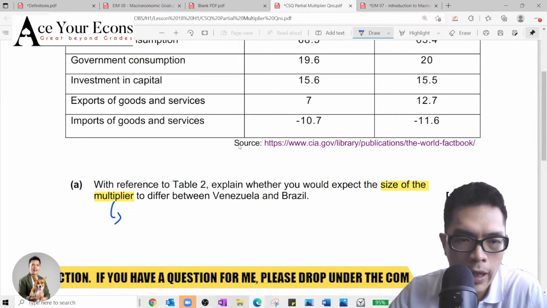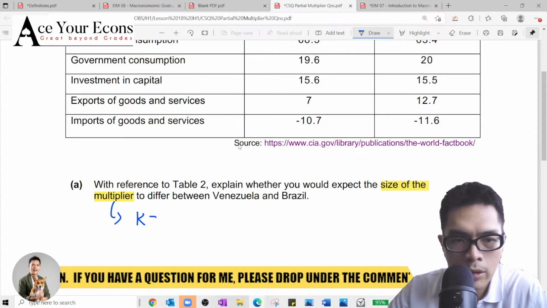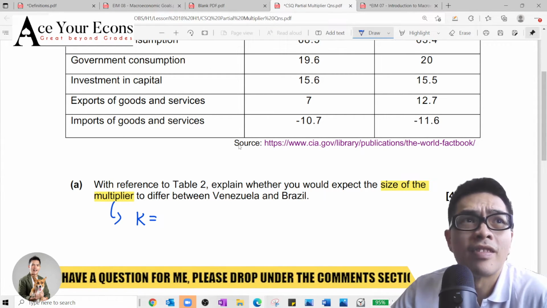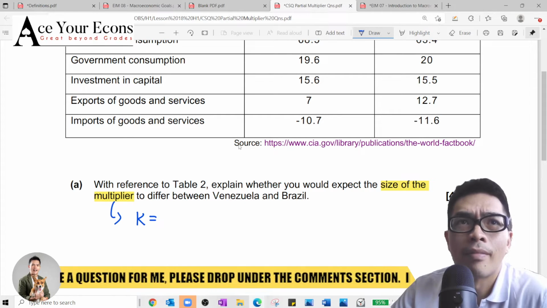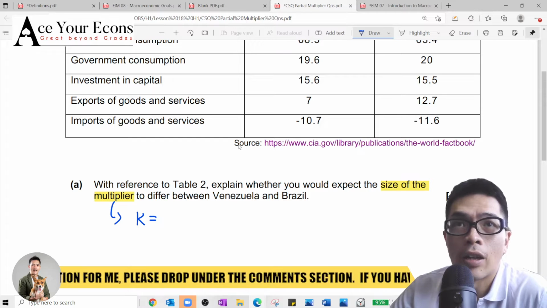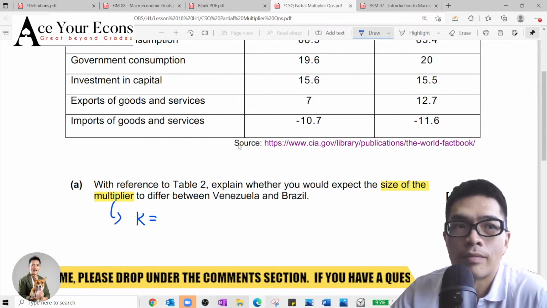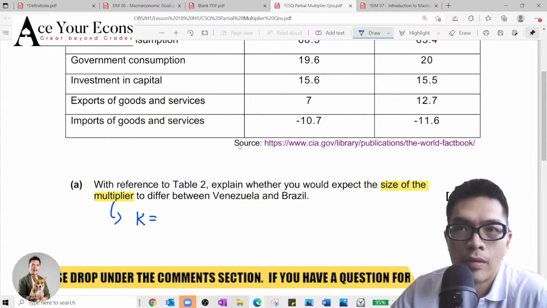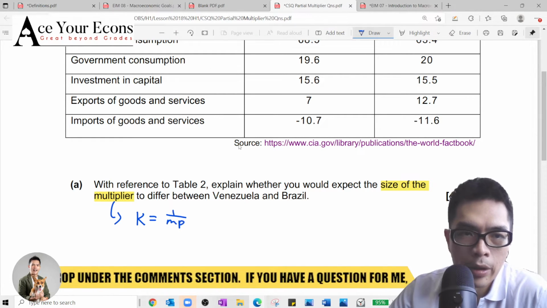So let's do a quick recap. Your size of multiplier is equal to what? We just went through this earlier on. What are the components? One over MPW.